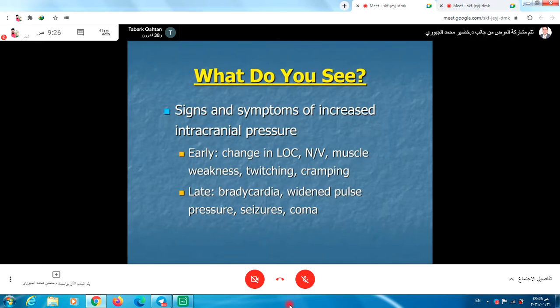Early signs: change in the level of consciousness, LOC. We see the patient's consciousness or awareness begin to change. Nausea and vomiting.